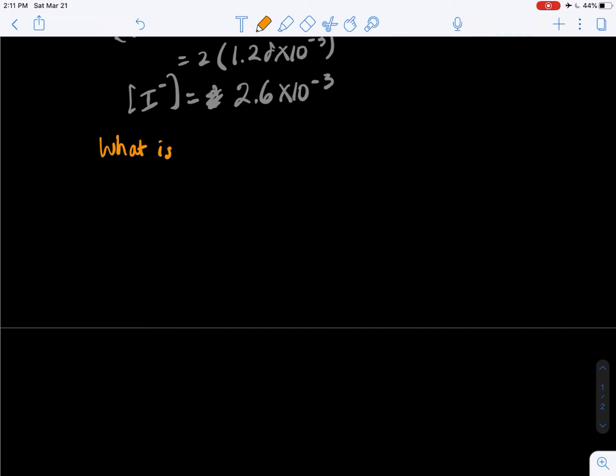What is the zinc ion concentration in saturated zinc phosphate?